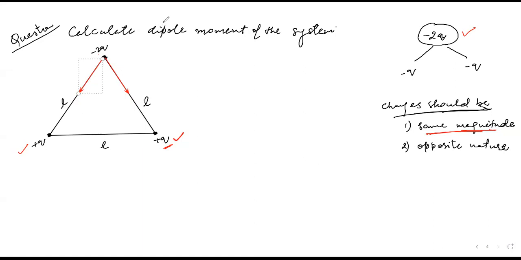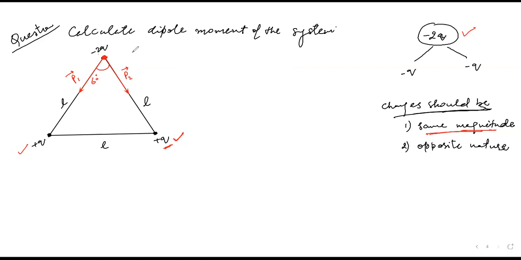You can take it like P1 and this is your dipole P2. And now you can see here at the same point, there are two vector quantities. P1 and P2 are acting at some particular angle, and this angle is 60. How can we say it is 60? Because the triangle is an equilateral triangle.